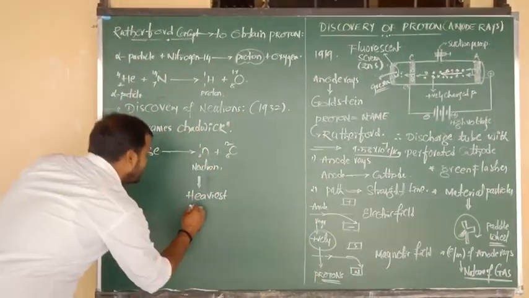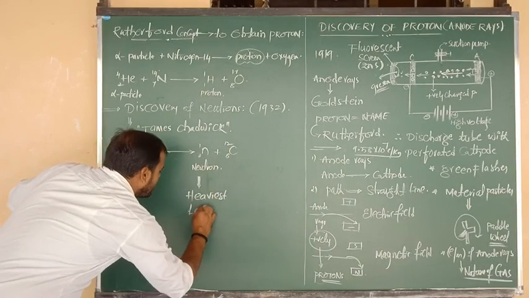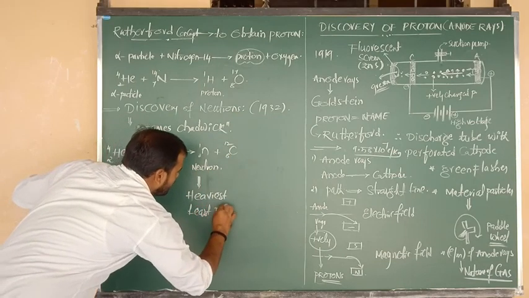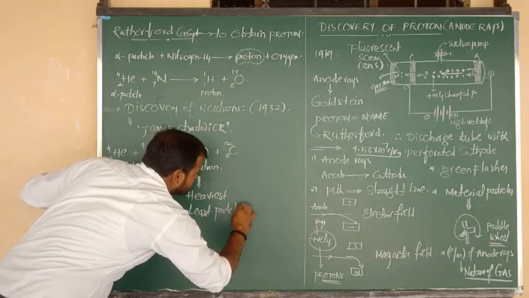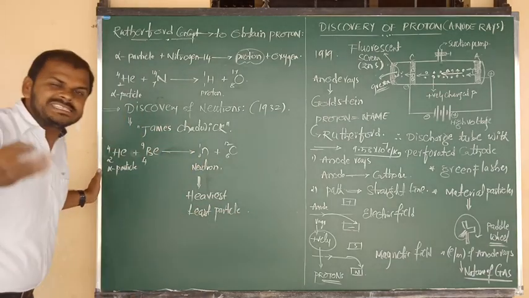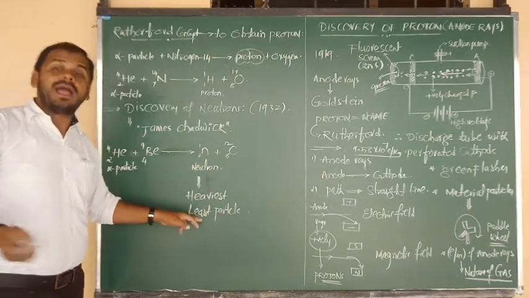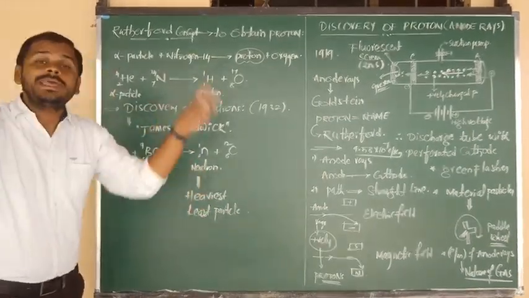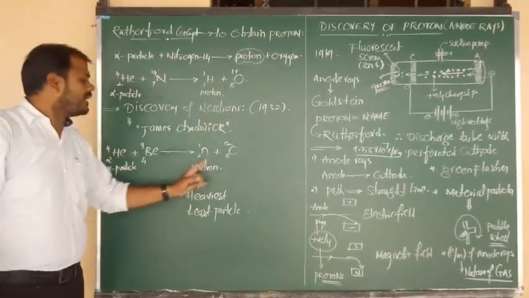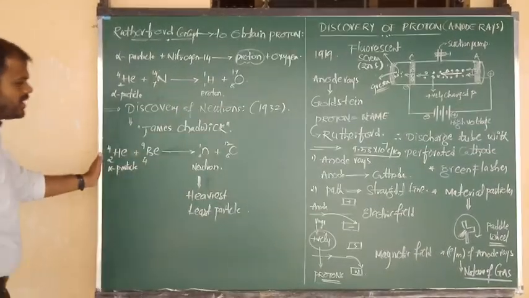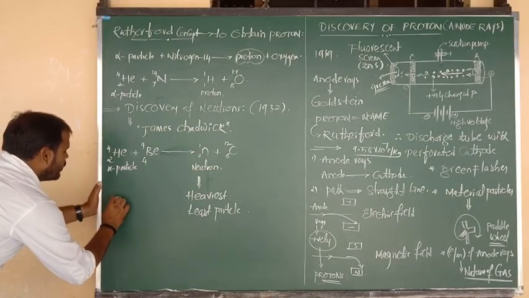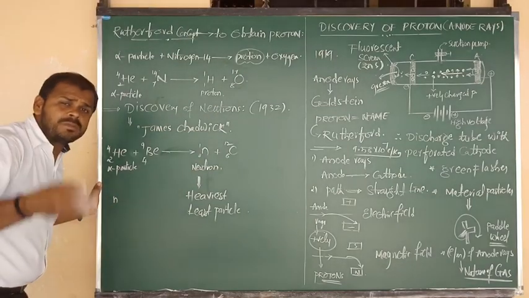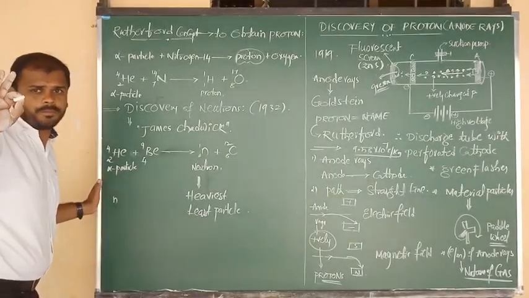And also we can say that neutron is the least stable particle. So among electron, proton and neutron, which was the least stable particle? The least stable and heaviest particle among the three subatomic particles is neutron. Its relative charge, absolute charge, specific charge, every charge is 0.